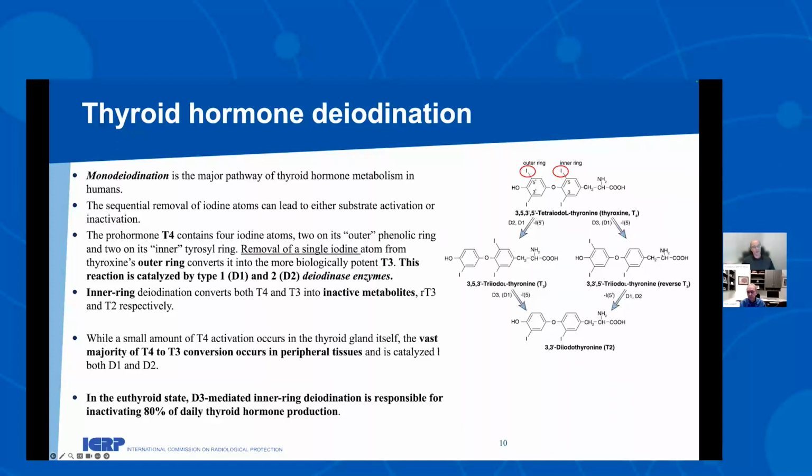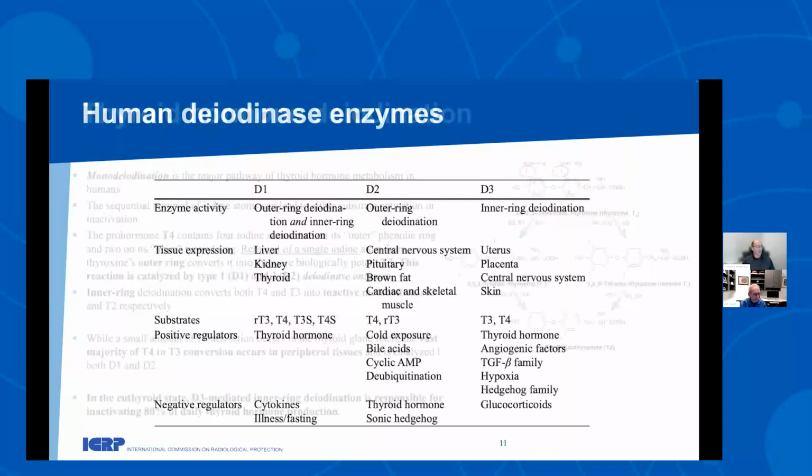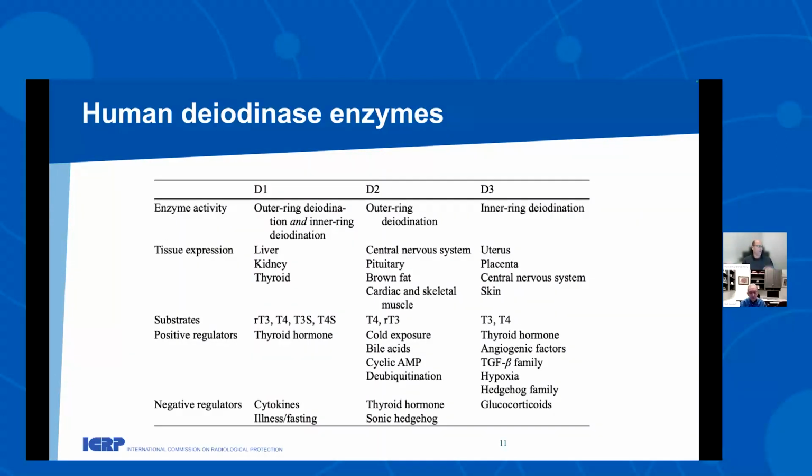It's the way to deactivate circulating thyroid hormones and produce metabolites which are not biologically active. Just for your general picture, here is the list of 3 enzymes, D1, D2, D3, and their expression in different tissues. So it's a rather complex mechanism, which finally regulates a number of processes in our body.